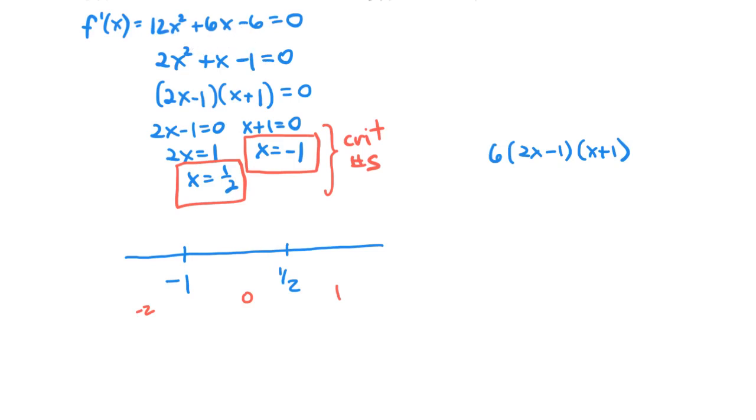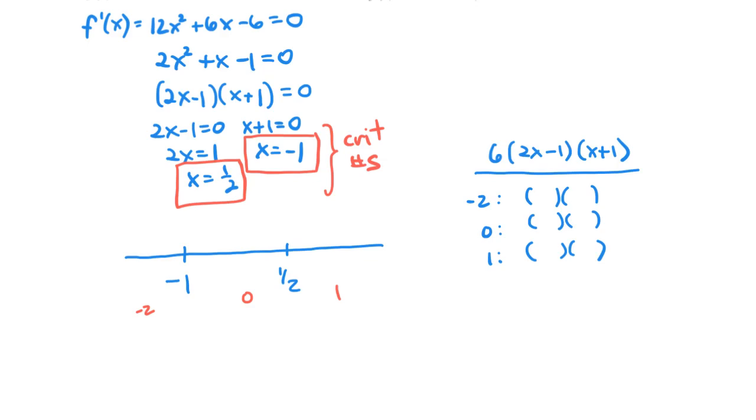So then, with this being our derivative, we can pick our test points negative 2, 0, and 1.